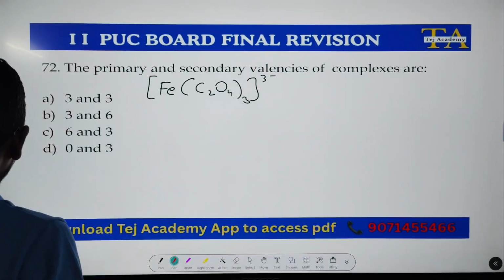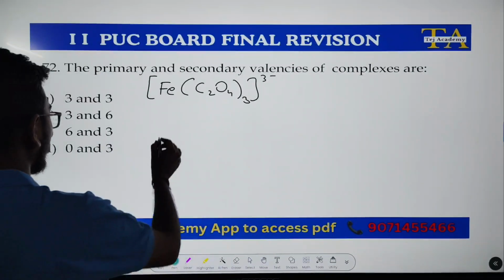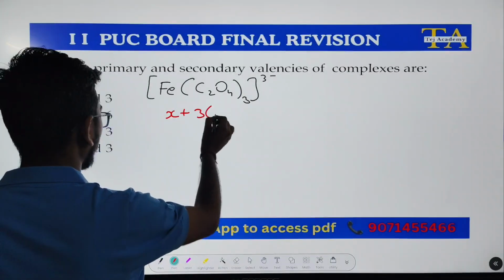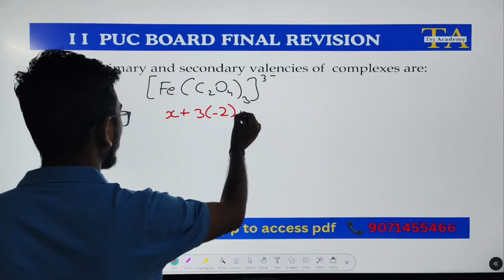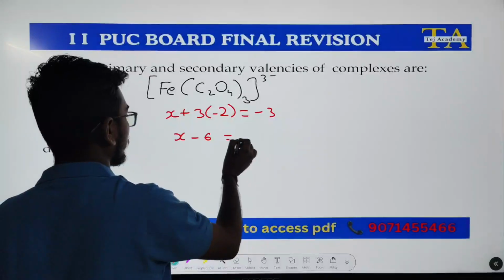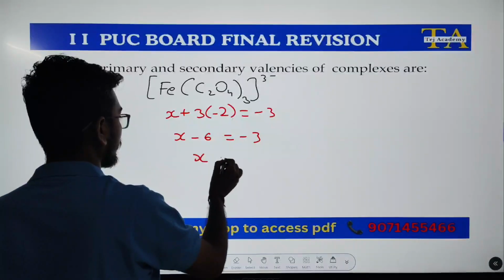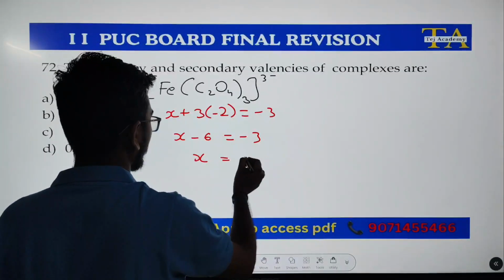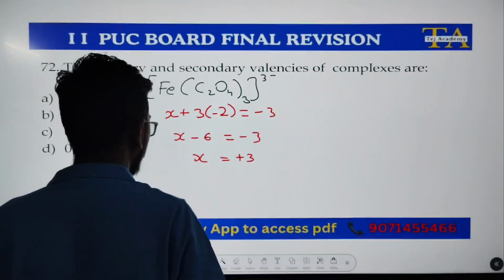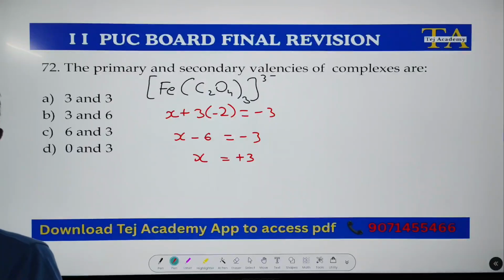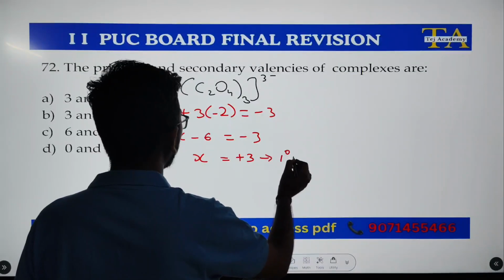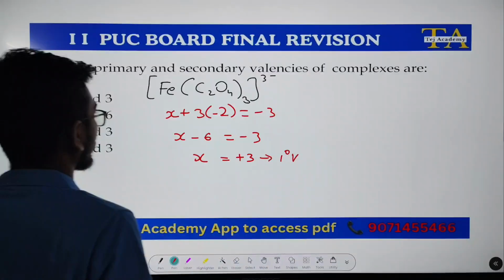So for primary valency, first we have to calculate the oxidation number. So X plus 3 times minus 2, that equals minus 3. So X minus 6 equals minus 3. X equals plus 3 minus 6, which gives plus 3. X equals plus 3 will be your primary valency.